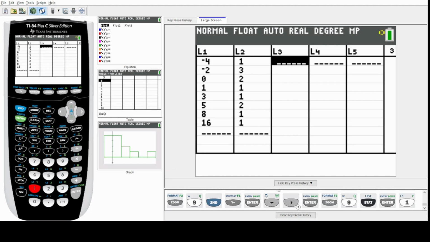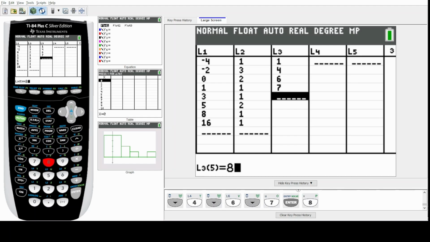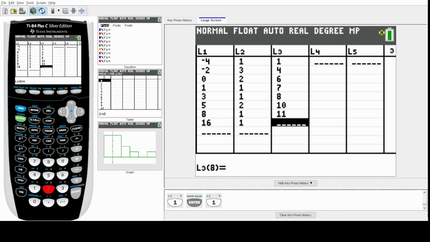In other words, it's going to calculate a 1 there, a 4 there, 1 plus 3, because 4 values are less than or equal to -2, a 6 there, because 1 plus 3 plus 2 is 6. In other words, 6 values are less than or equal to 0, a 7, an 8, a 10, an 11, and a 12. Okay, so this is my cumulative frequency. And I can use this to do a bunch of things. But I don't have to calculate it by hand.